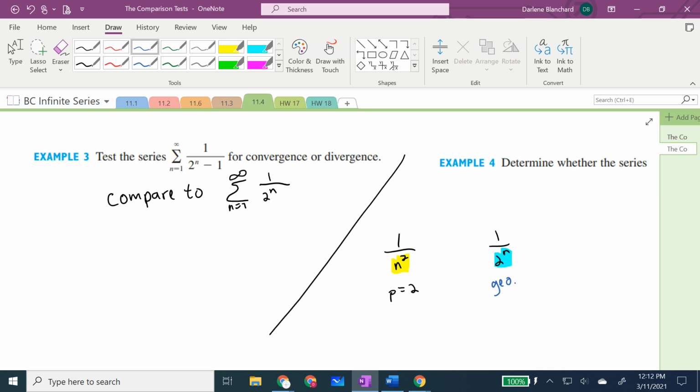So what is the R for this geometric series? Mm-hmm, 1/2. Now, it is very valuable, however, I'm not going to push it.